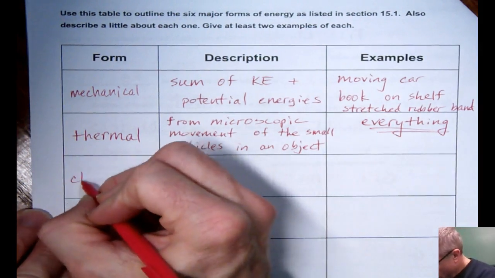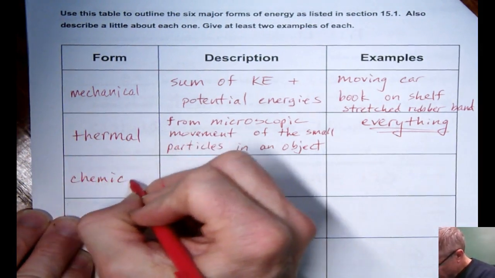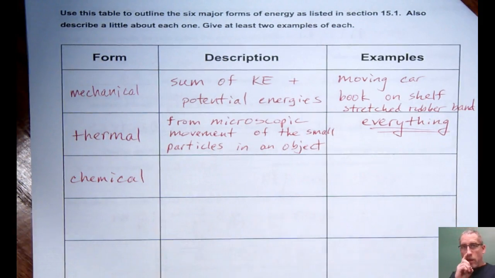All right, a third form is what we call chemical energy. This is actually also something that we studied back in the first semester when we were studying chemical reactions and chemical bonds. And not everybody got into this as much as others, but chemical reactions are all about energy.